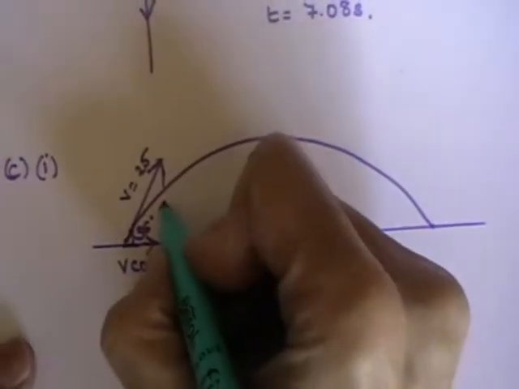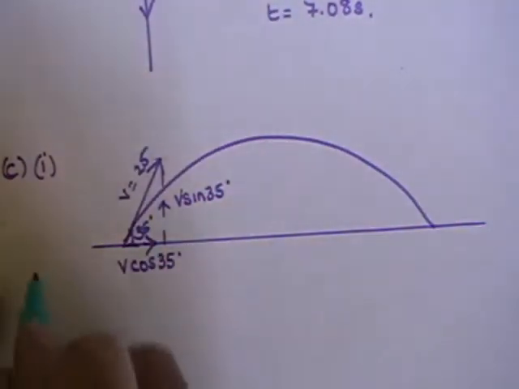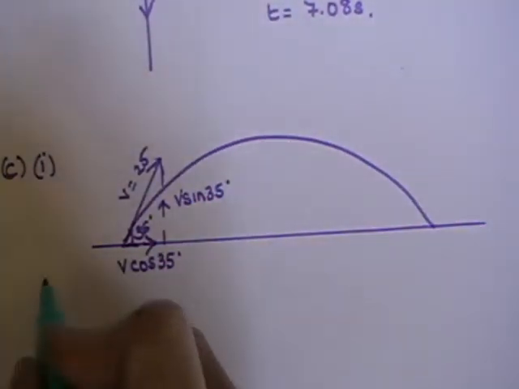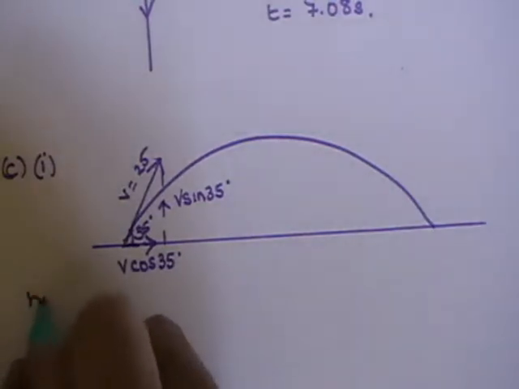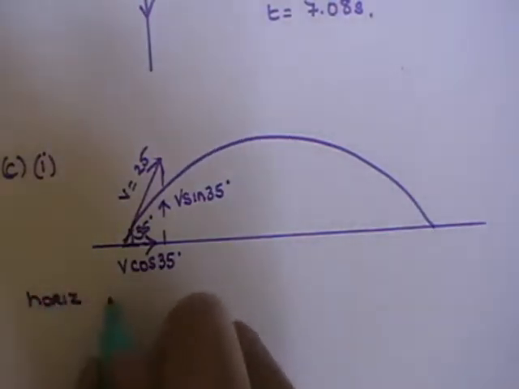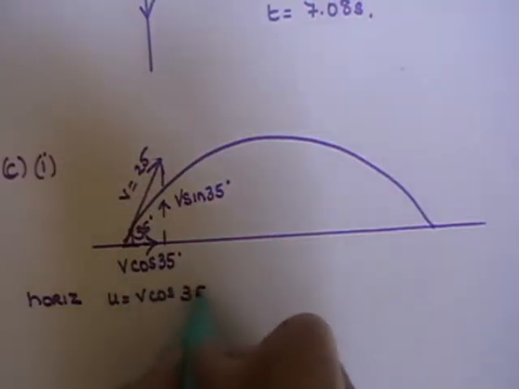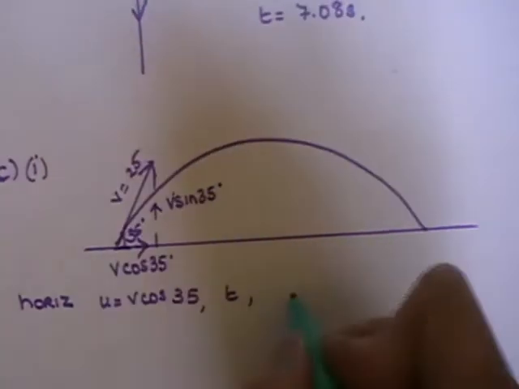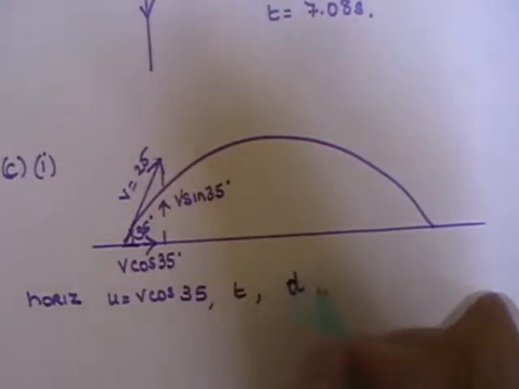Our vertical one is V sine 35 degrees. Horizontally, we know the initial velocity is V cos 35, but we don't know the time or the distance. That's what we're trying to work out.